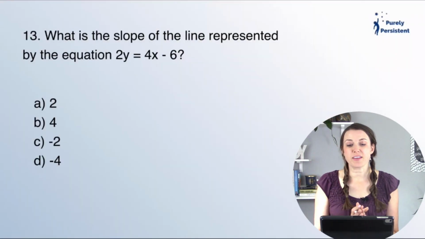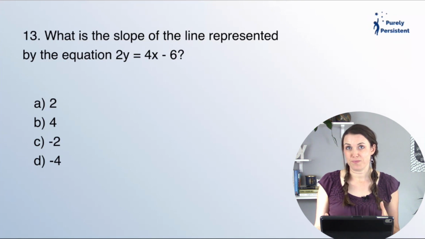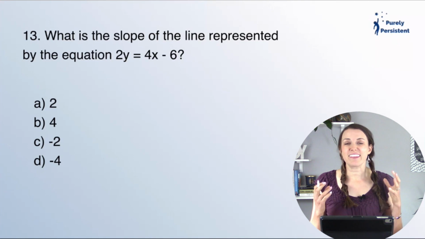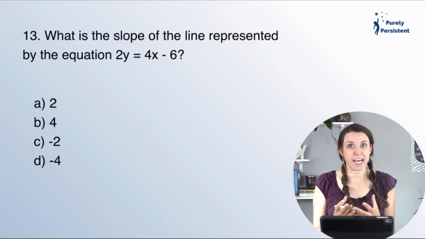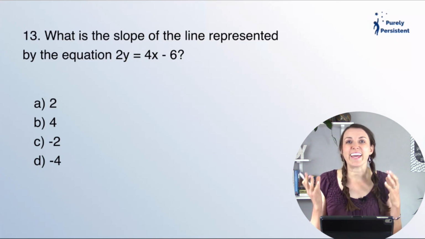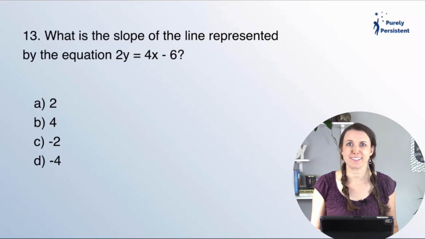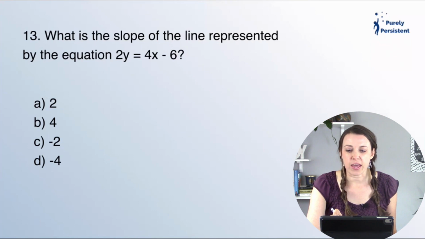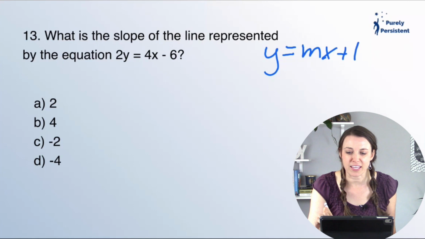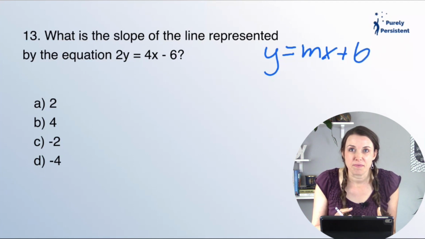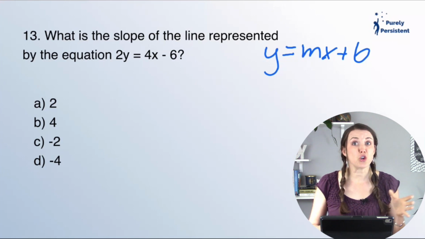What is the slope of the line represented by the equation? All right, remember a couple of questions ago, there was a question that asked what is the equation for a line? And I said, oh, remember this, it's going to be important, right? So it was y equals mx plus b. But notice how it's just a y by itself. And in this equation, we have a 2y.